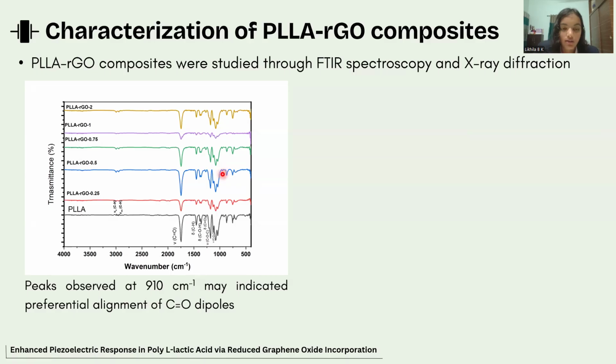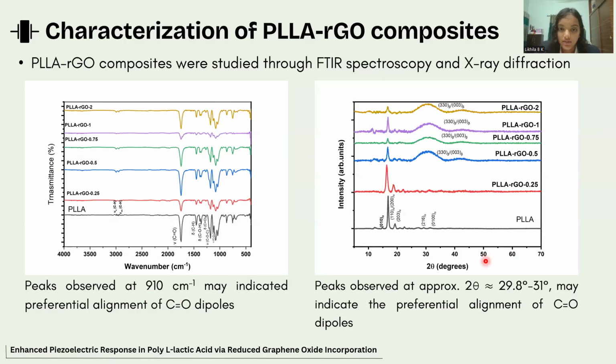But if you zoom into the spectra in this region, we can see a small peak at 910 inverse centimeters, and this is reported to be the characteristic beta phase peak for PLLA. That is equal to preferential alignment of carbonyl dipoles. In X-ray diffraction, there's a lot of difference compared to the control and the varying concentrations, but these are amorphous peaks attributed to reduced graphene oxide.